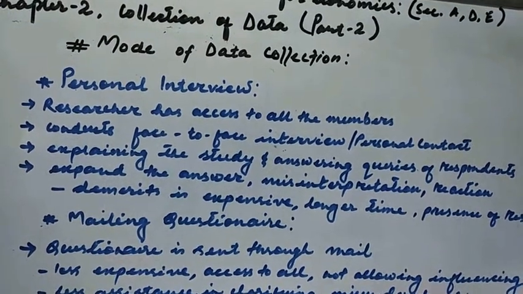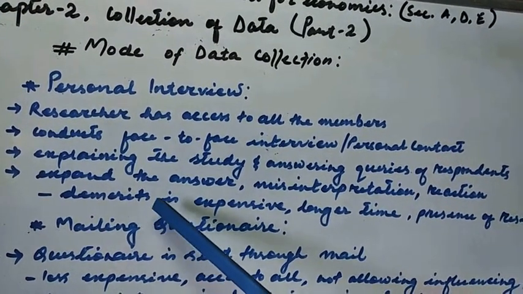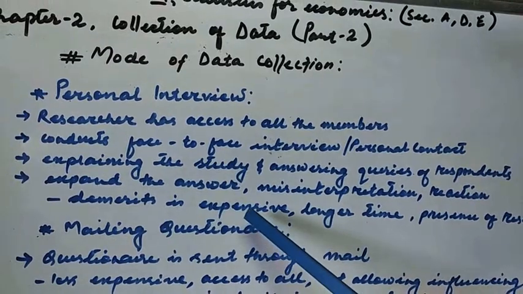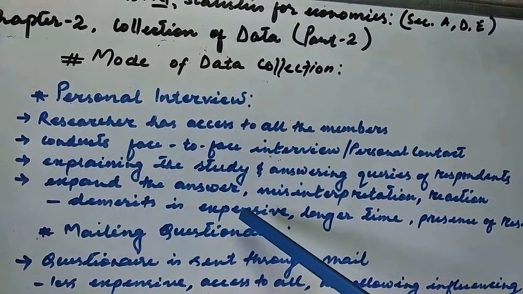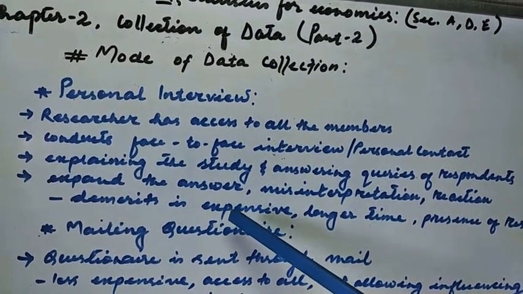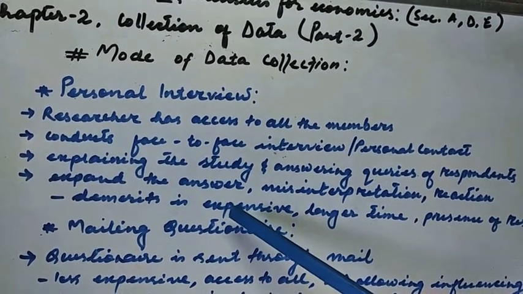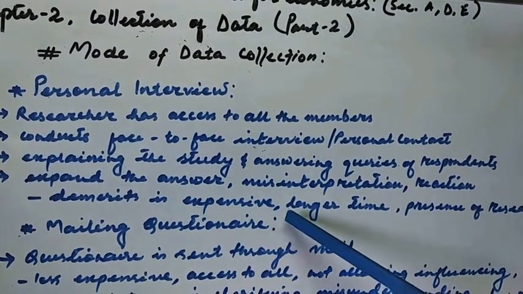So what are the main demerits of personal interviews? The main thing is that it is very expensive. You have to go to all the places possible, and it takes longer time.